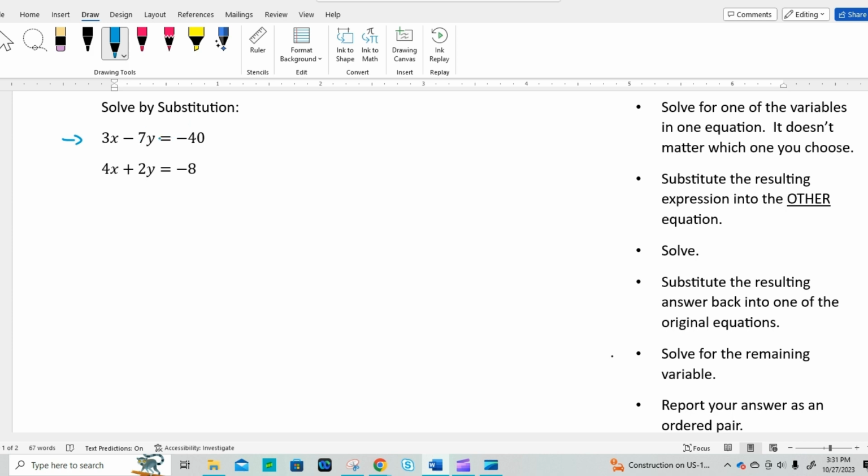Well, 7 divides by 7 just fine. 3 does not divide by 7. 7 is actually larger than 3, which means I'm going to end up with a fraction. I don't want fractions.